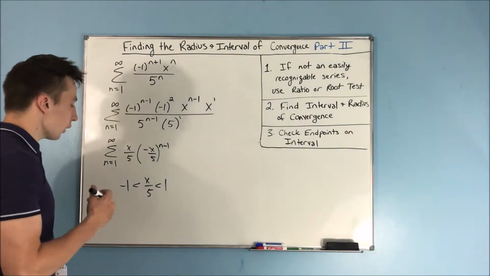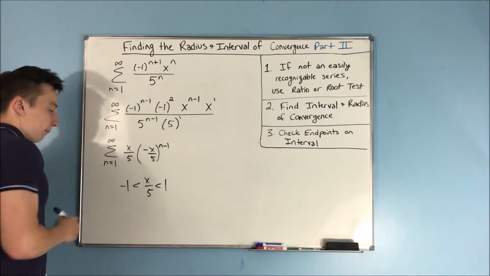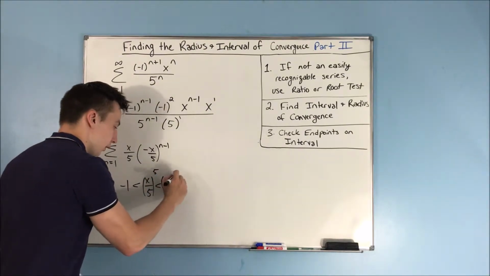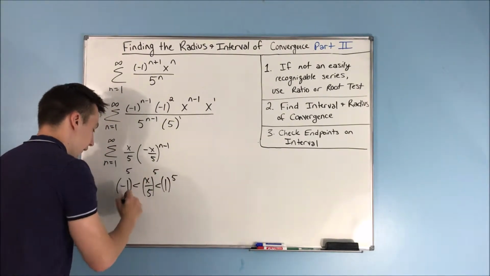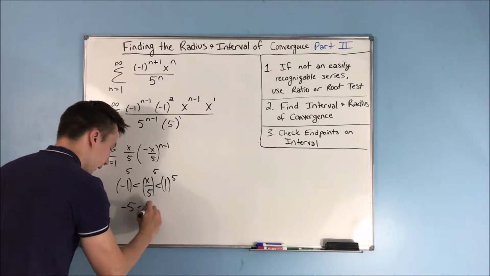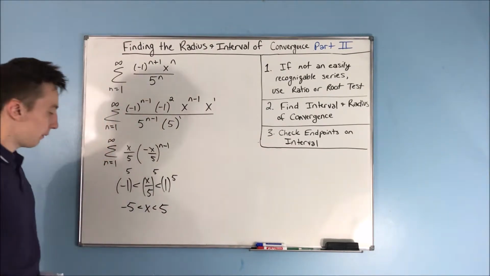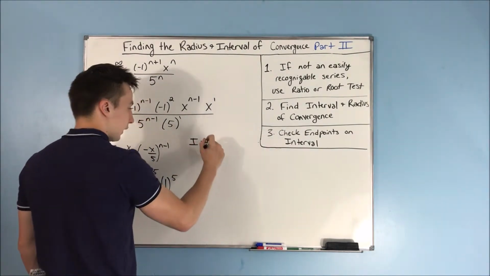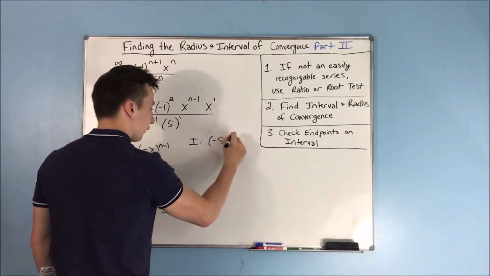So we can multiply by 5 to get x by itself, and we get -5 is less than x is less than 5. Okay, so there's your interval of convergence, and that is from -5 to 5.